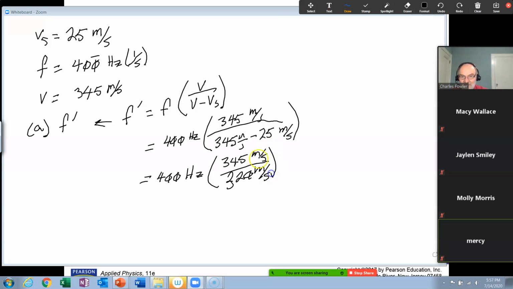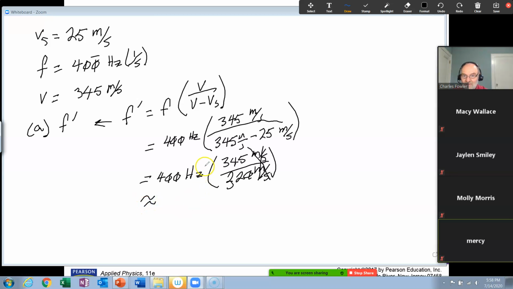Now notice both of those have the same units, they cancel out, so you multiply by the ratio of those speeds. Let me get my calculator up here: 400 times 345 divided by 320. And I get 431 and a quarter, but because a quarter is less than a half, I'll just make that approximately 431.